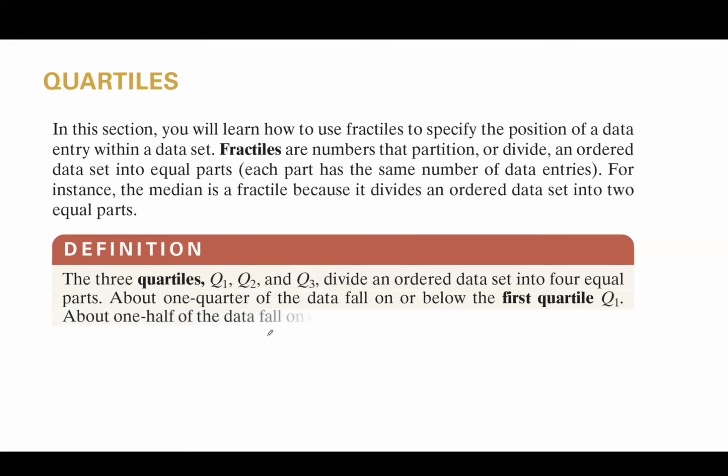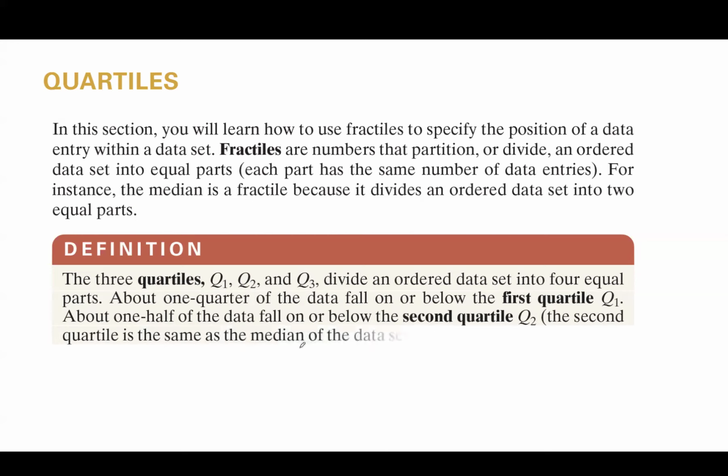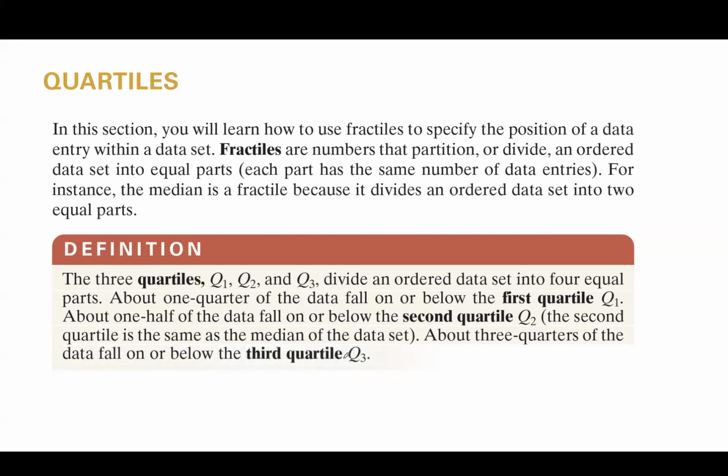About a half of the data fall on or below the second quartile, Q sub 2. And also remember that Q sub 2, the second quartile, is the same as the median of the data set. About 3/4 of the data set falls on or below the third quartile, which we denote by Q sub 3.